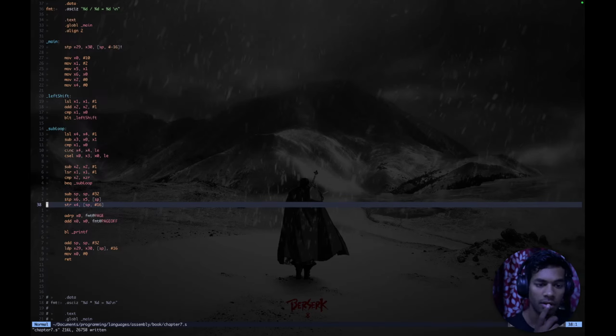I have to add 16, not subtract. Right? Yes, right. And then I'm getting the address for the format string in the 0th register. That is also correct. And then I am branching off to printf. What is the problem?